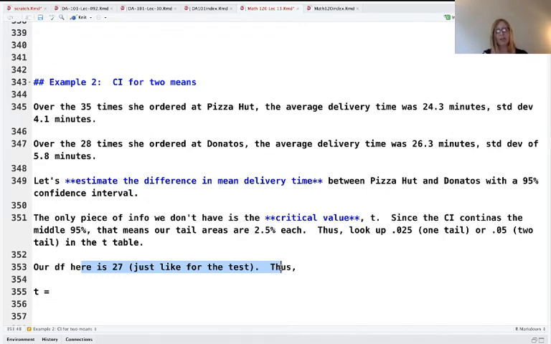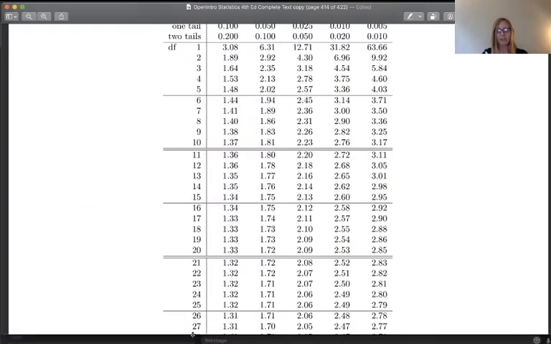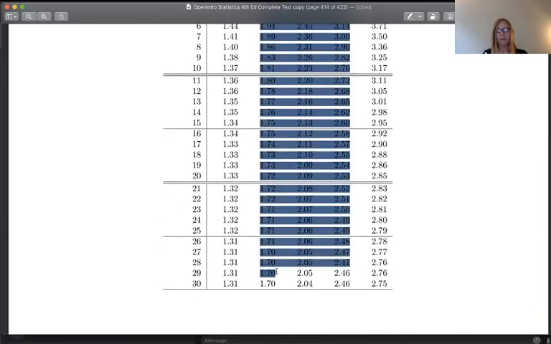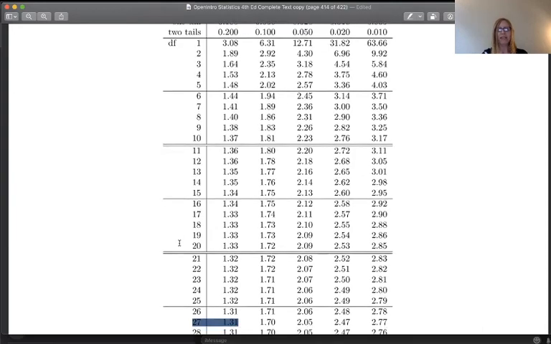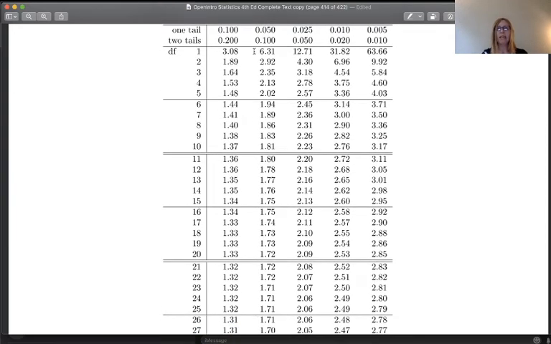Okay, let's go look at the table. We've got degrees of freedom 27. I'm looking for 0.025. Degrees of freedom is 27 here, so I'm looking at this row. Looking down there. And my one tail area is here, 0.025. Notice it totally doesn't matter which way you think about it.